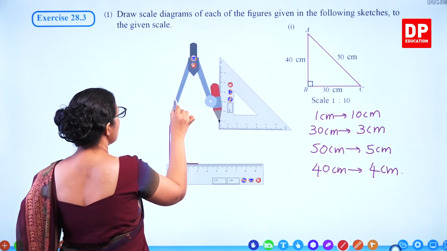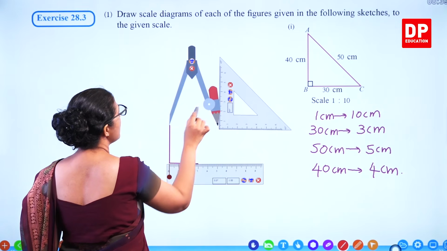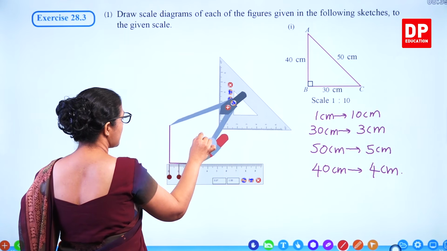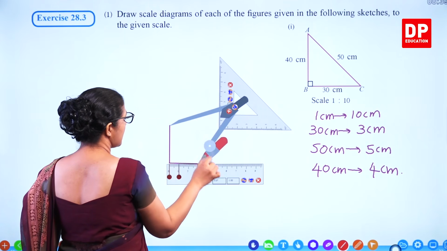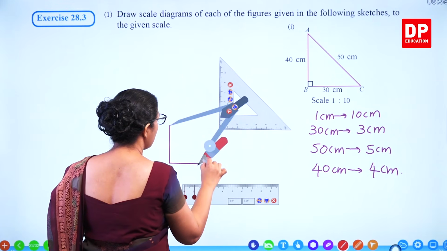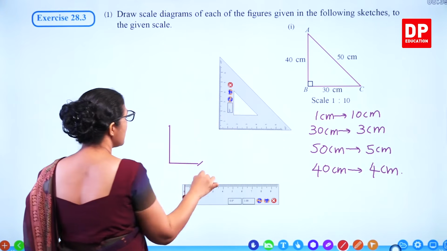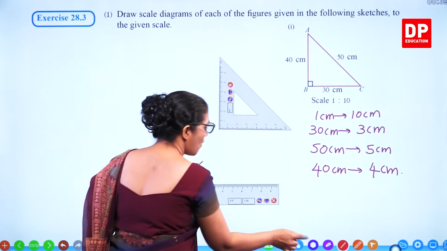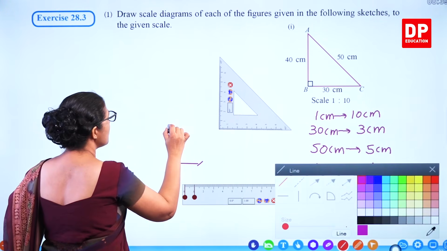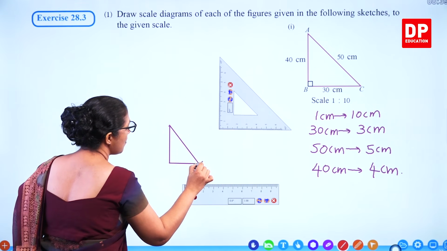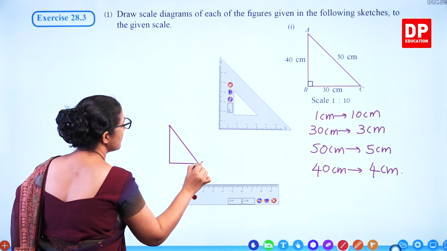See whether when you take this one, this point, and exactly this point is correct. So that means you can mark it here. So this here to here, that's 5 centimeters. So you can mark it to this point.